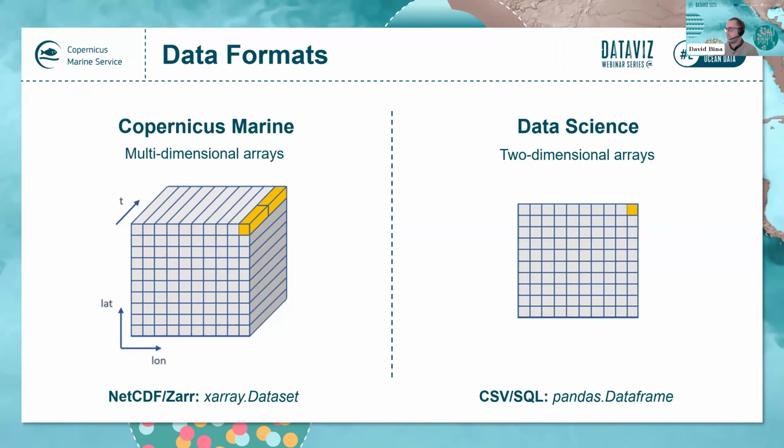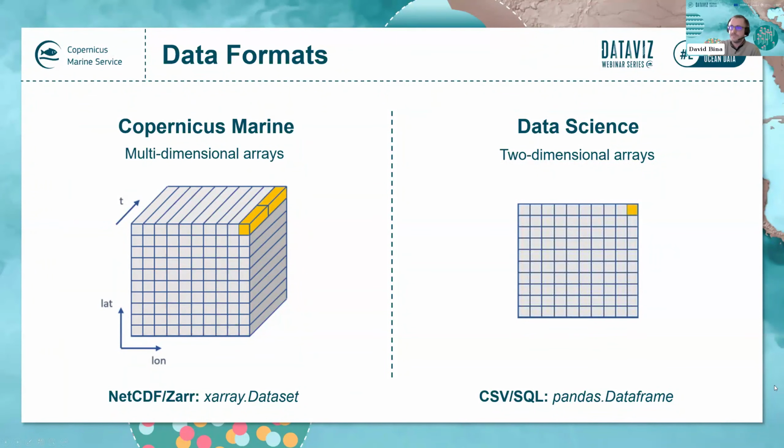Just for the representation, I have put 2D arrays, to say that if you are already familiar with opening data like CSV or SQL 2D data with a Pandas DataFrame, the equivalent of 2D DataFrames for Copernicus Marine data is the Xarray dataset.